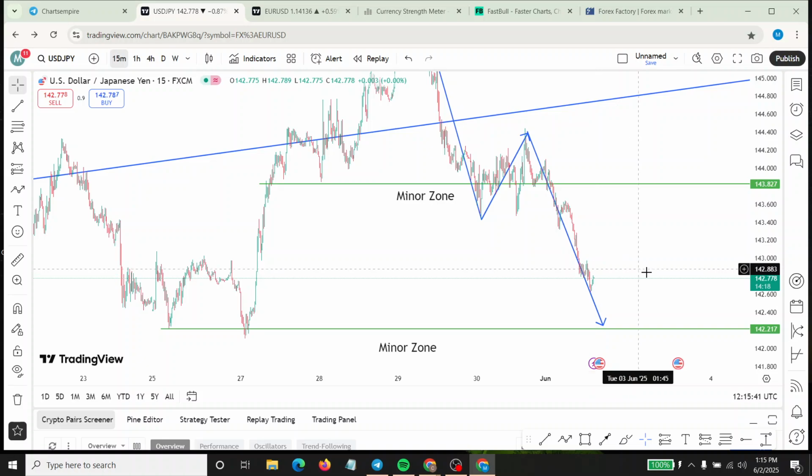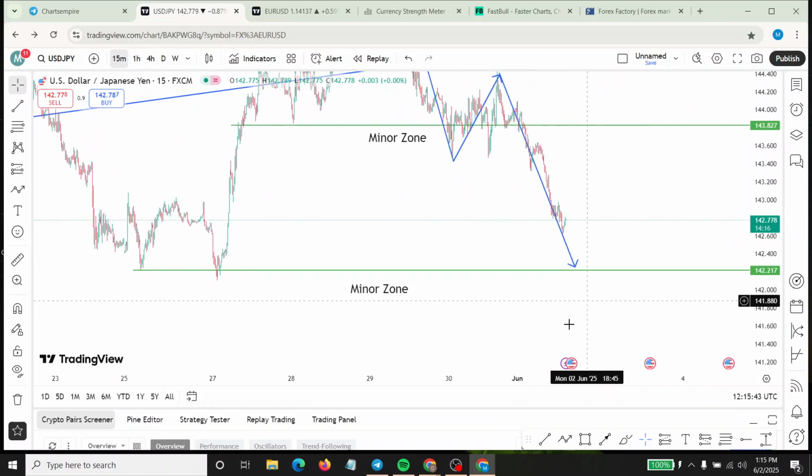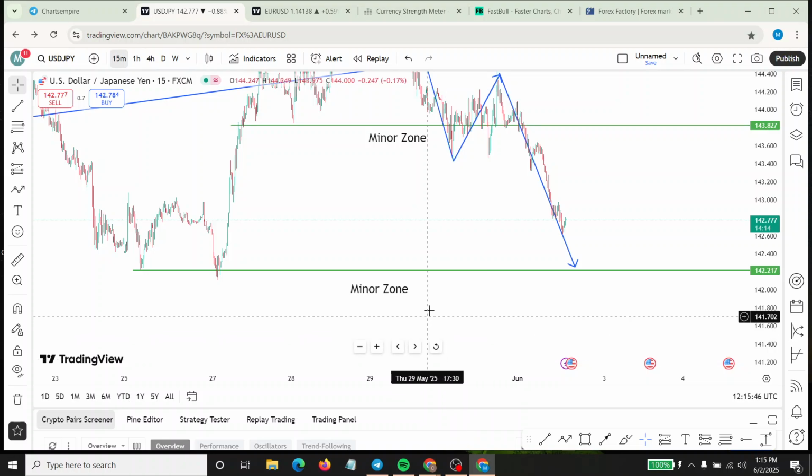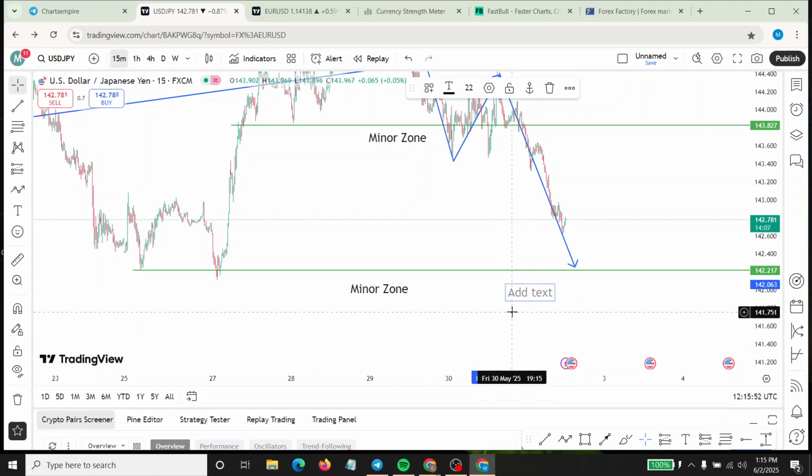We had a retest, and where is the market coming? The market is coming to the minor support zone here.